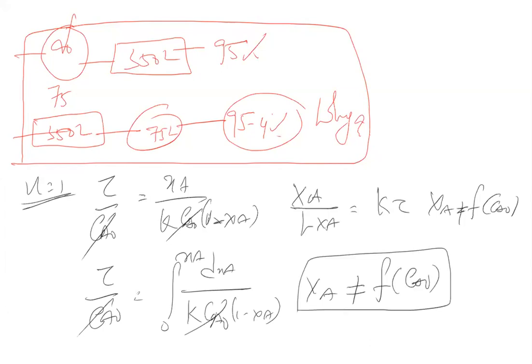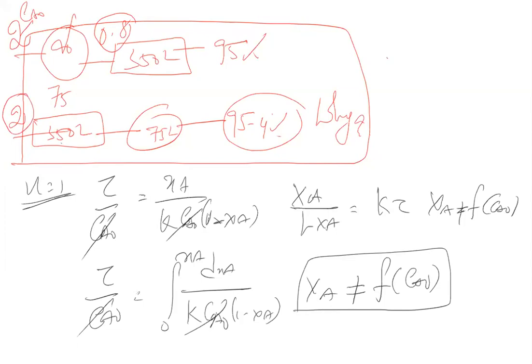So when you interchange the reactors, here the CSTR receives an inlet concentration of 2, and here the PFR receives an inlet concentration of 2. Here the PFR receives an inlet concentration of 0.8.